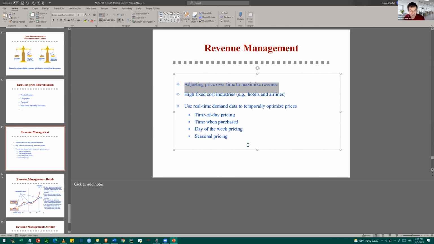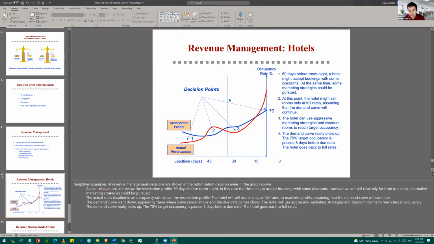These industries basically have a high capital cost, high fixed cost, and they have resources that perish if they remain unused. So for example, if the room is not occupied by a certain date and if it remains empty, that's a loss for the company. So they have to optimize price and change price real time based on the demand that comes in.